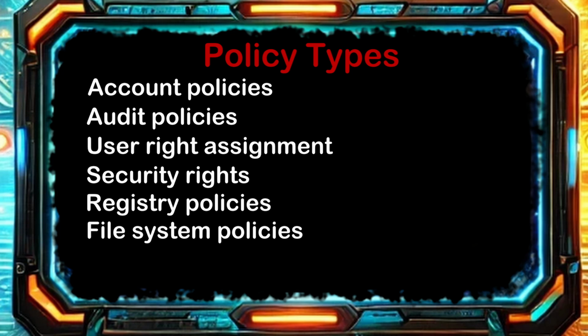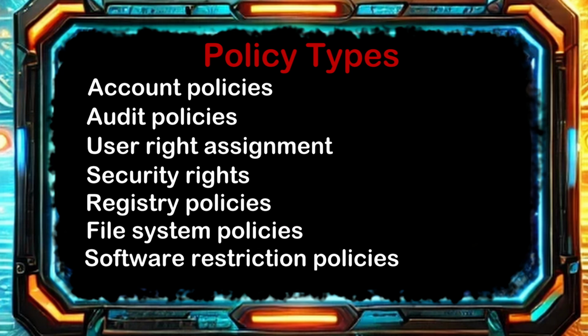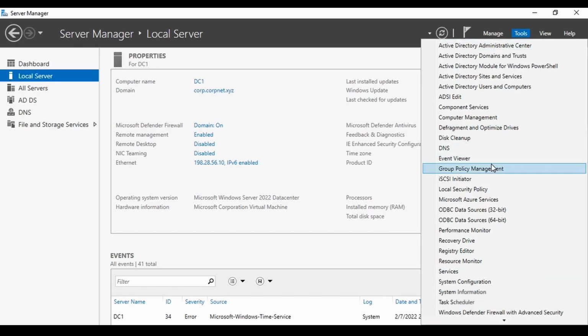File system policies configure file and folder permissions that apply to multiple computers. And lastly, software restriction policies define what software is allowed to run on any computer that's joined to the domain. Software restriction policies can be applied to a specific user, or they can be applied globally, which means they affect all users.